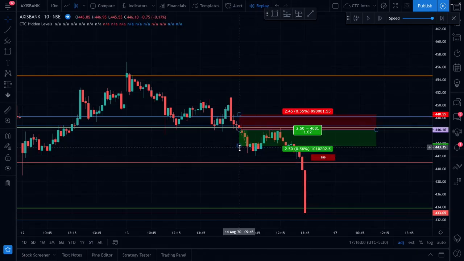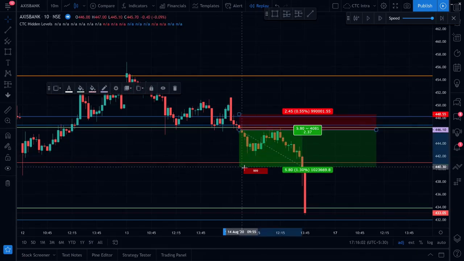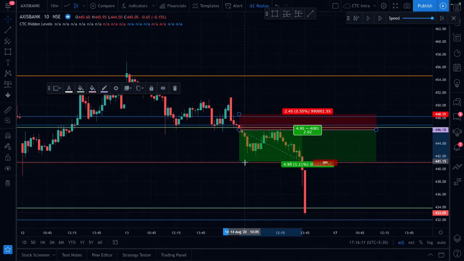Now after hitting 2R, that is 4.9, after falling by 4.9 points, that is here, it again goes to 3R now, that is 4.9 plus 2.45, that is 7.35.